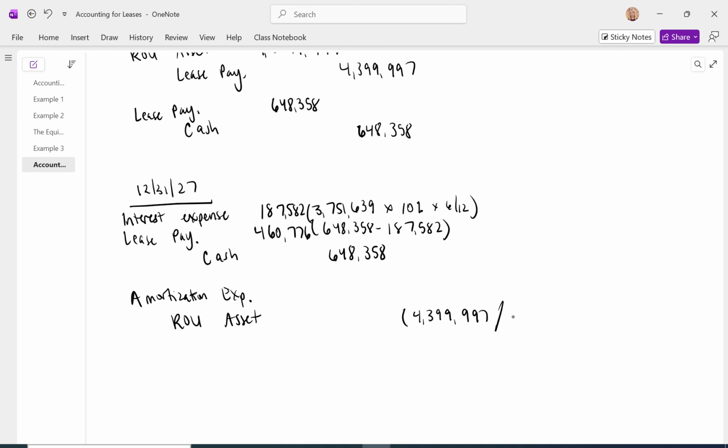Allocate this across the useful life of 4 years. And then I'm going to multiply that by 6 out of 12, because this would be a full year's amortization, or 12 months. And since we entered into the lease on June 30th, we're looking for 6 months, or half of that amount. This works out to be $550,000.